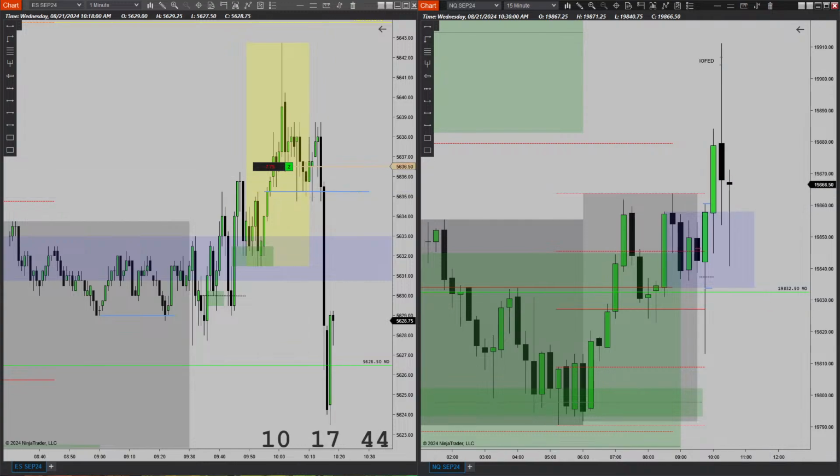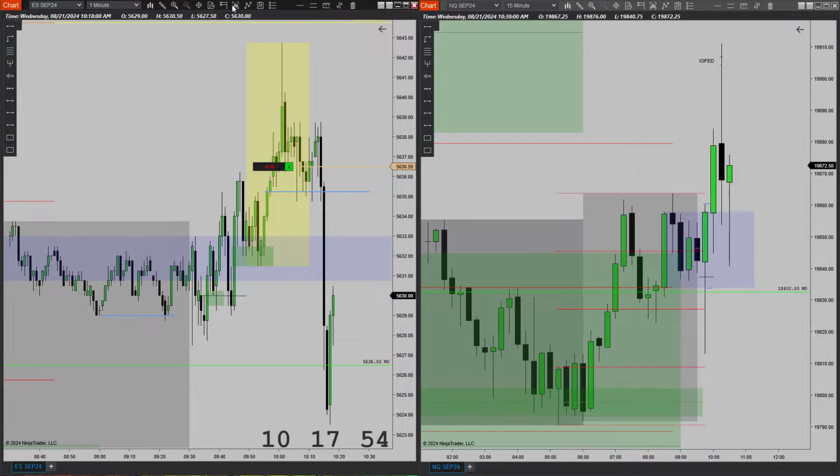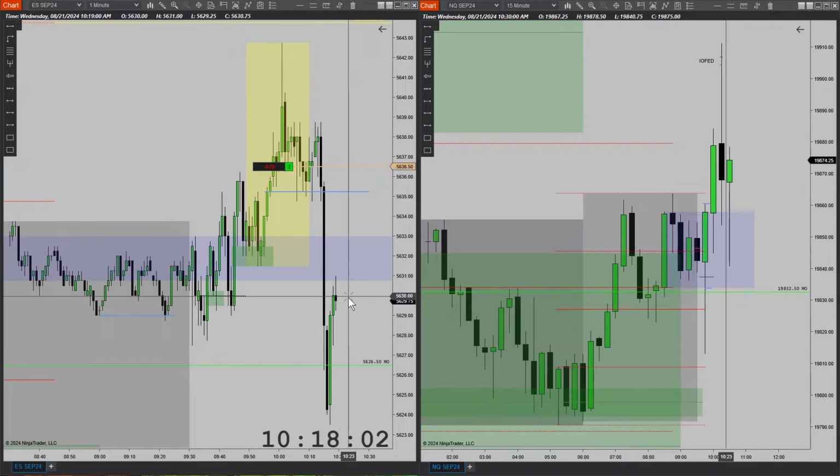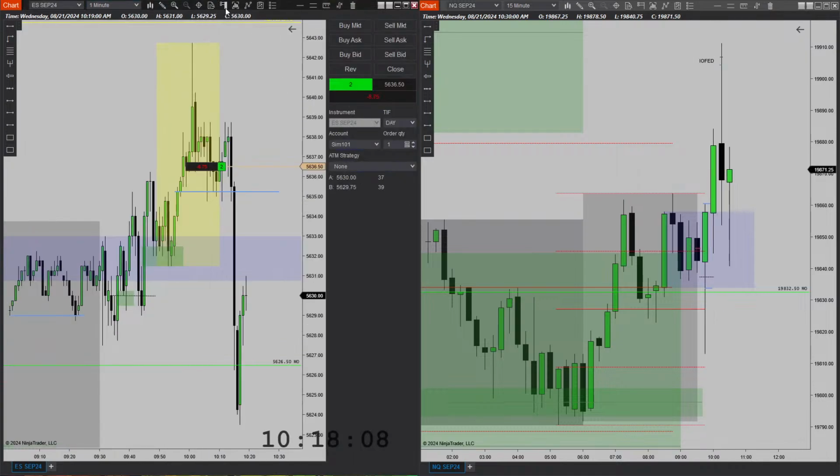Oh, I don't even know why I didn't close this yet. Again, this is just the, where is it? All right, so this whole area right here is the, let me just show you real quick before. Again, simulator.